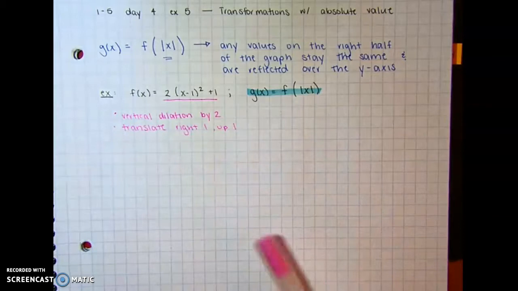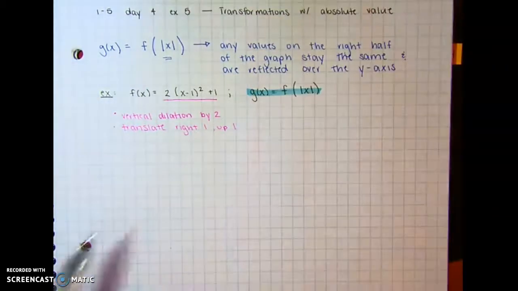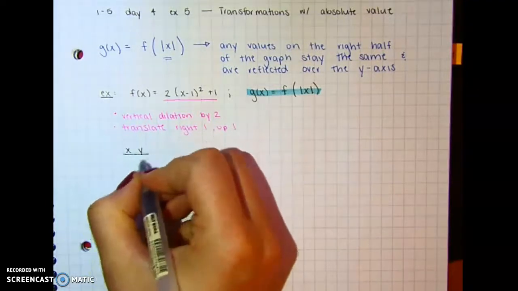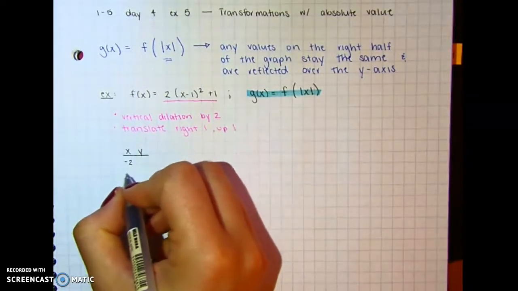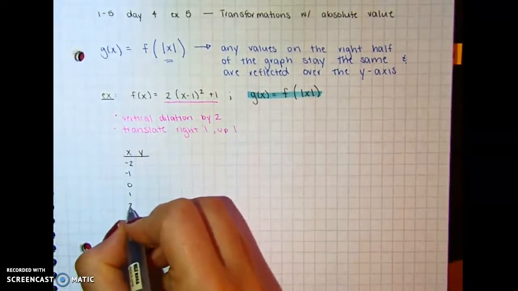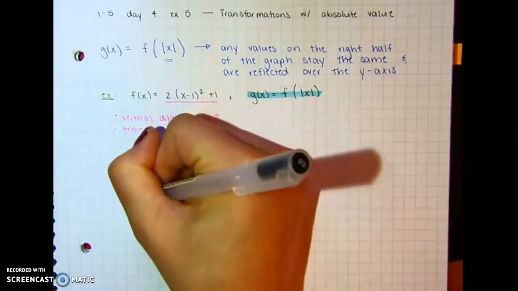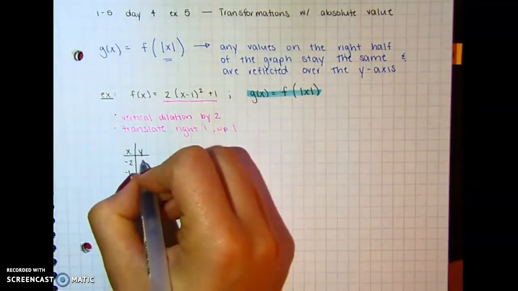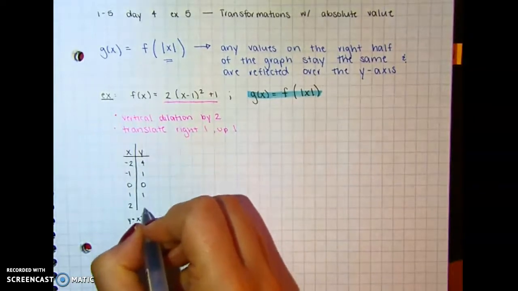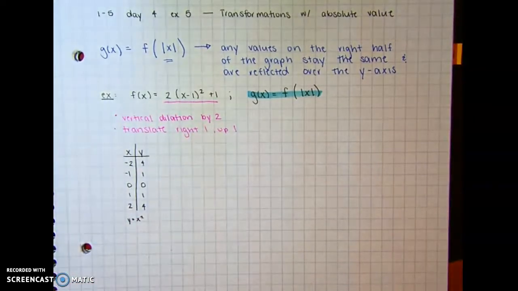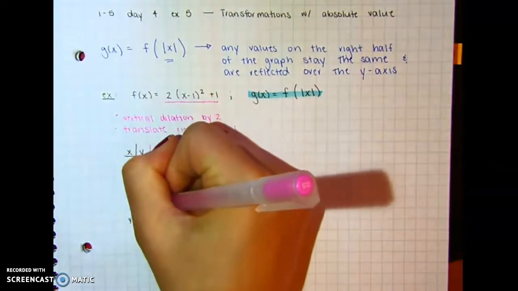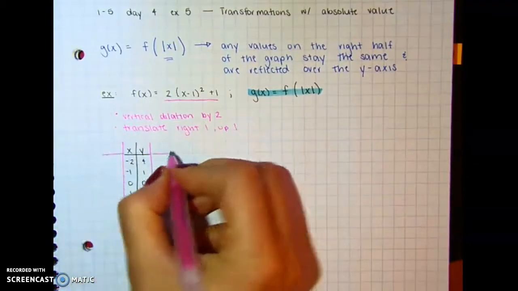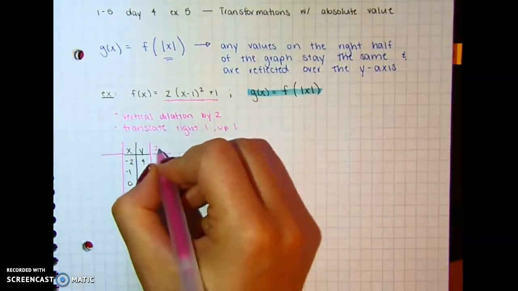For graphing that, if you like the table method, which I think is really great because it helps you get some partial credit. For quadratic, remember we have -2, -1, 0, 1, and 2 are the key points. And if I substitute that into the parent, we get 4, 1, 0, 1, and 4. So for this new function, a vertical dilation by 2 will be 2y.